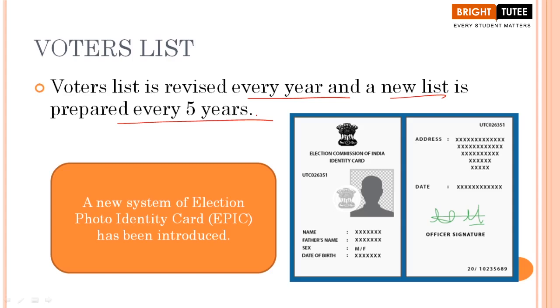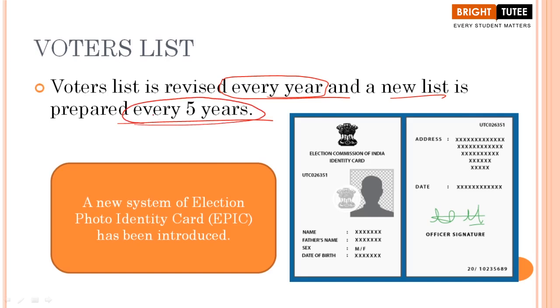The voters list is revised every year, so anyone who reaches the age of 18 is added, the numbers keep adding on, and a fresh list is prepared every 5 years when the fresh elections take place.